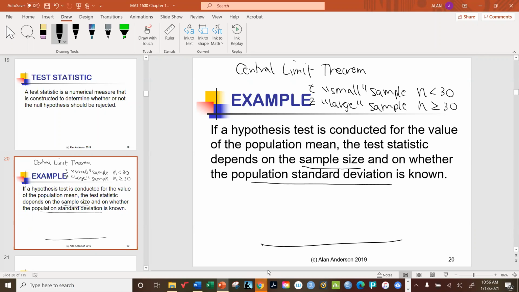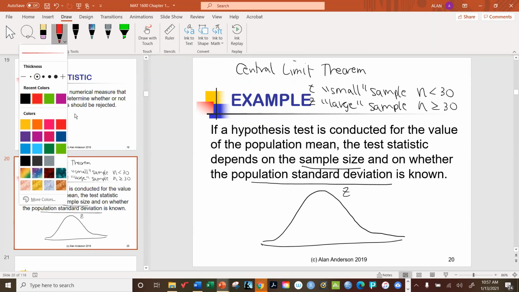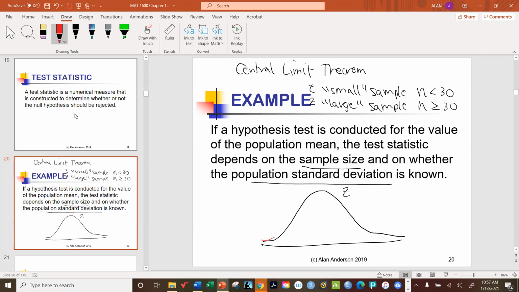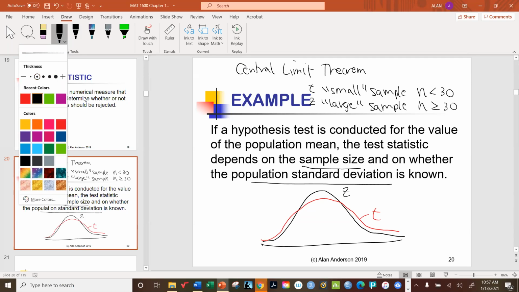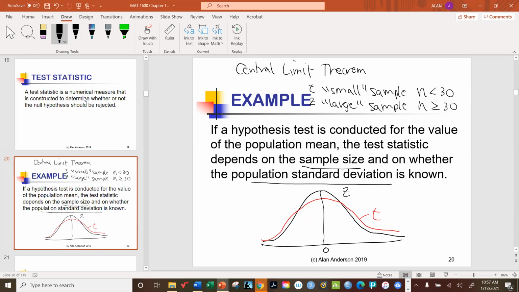In fact, this is why Gossett invented this distribution for these very cases, small samples. All right, so this is z, and this is t. And they both, of course, have a mean of 0. Very good.